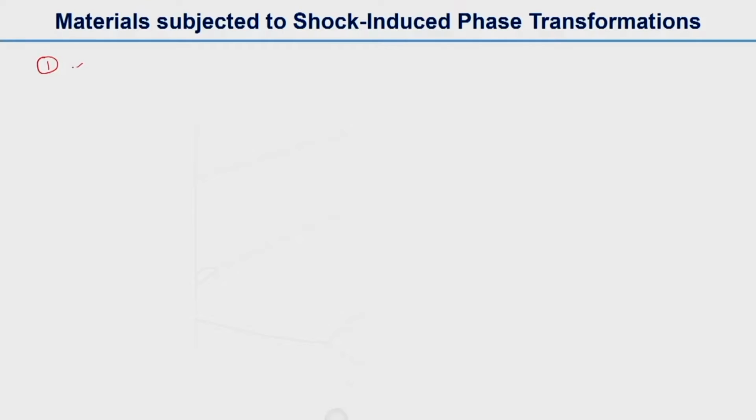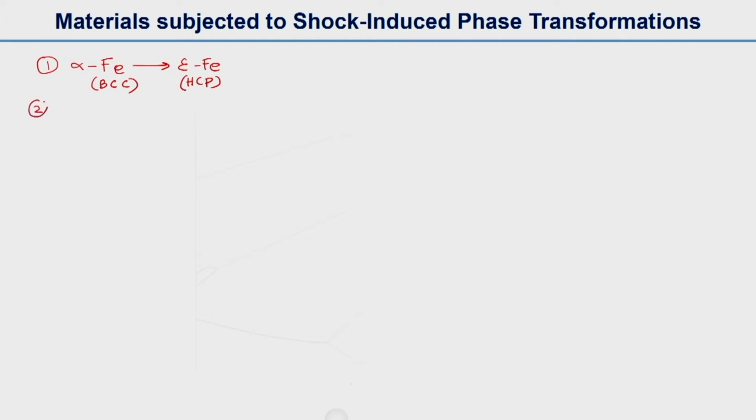One, already mentioned, is the transformation of alpha iron to epsilon iron. As you know, the first is BCC, and after transformation it becomes a hexagonal close-packed structure.